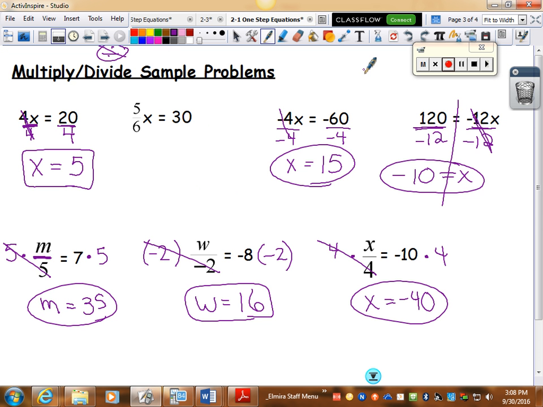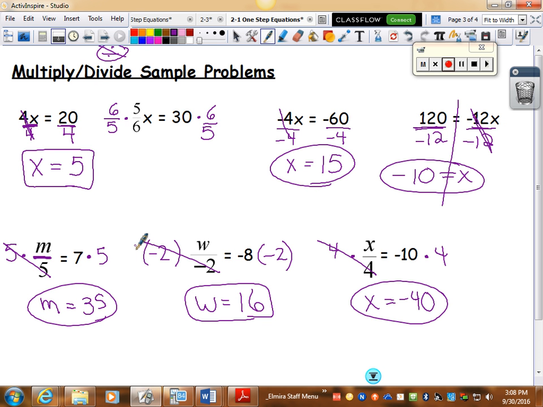What I want you to remember is that if you see a fraction, a number on top, a number on the bottom, and the variable is next to it, these are not fractions down here on the bottom row. You're going to flip the fraction upside down, and that's what you will do on both sides. It feels unnatural because it's already a multiply problem, and I'm multiplying to solve it.